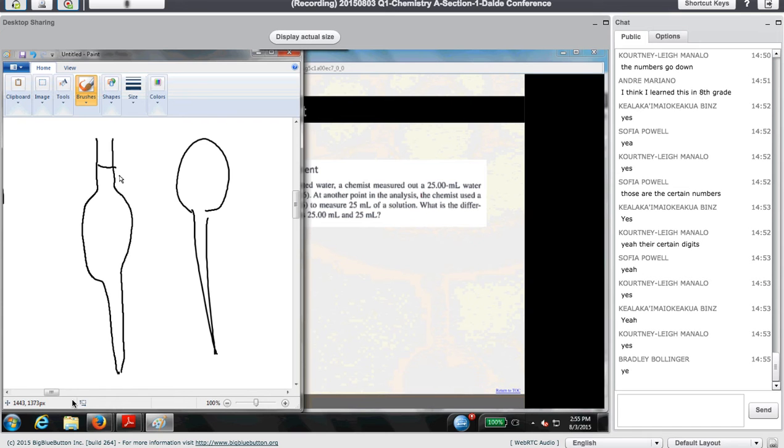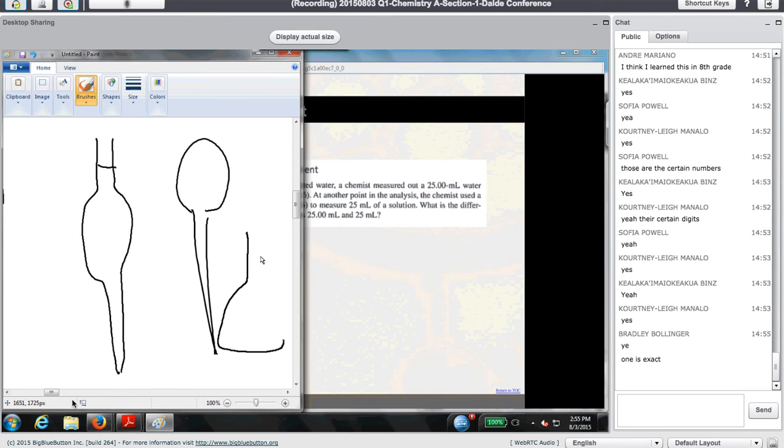So let's see. At another point in the analysis, the chemist used a graduated cylinder that was 25 milliliters of solution. What's the difference between 25.00 milliliters of solution and 25 milliliters regular? A graduated cylinder looks like this, and I'm sure you folks have seen it like that.